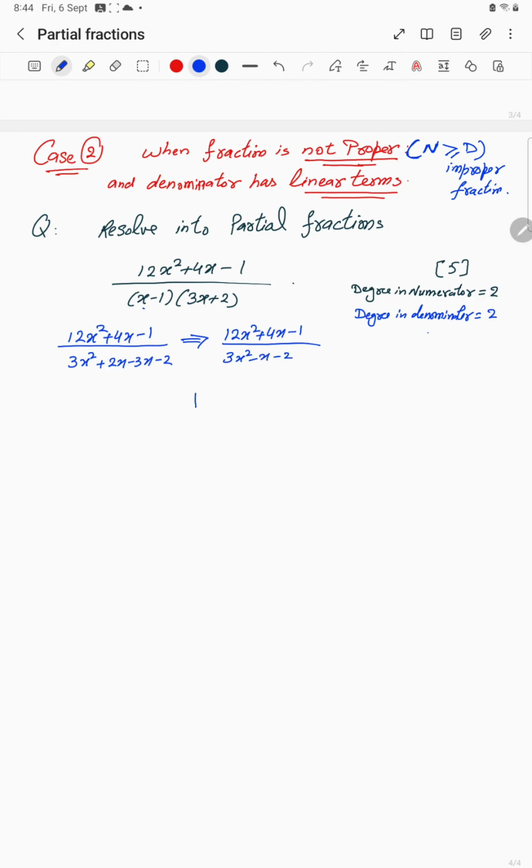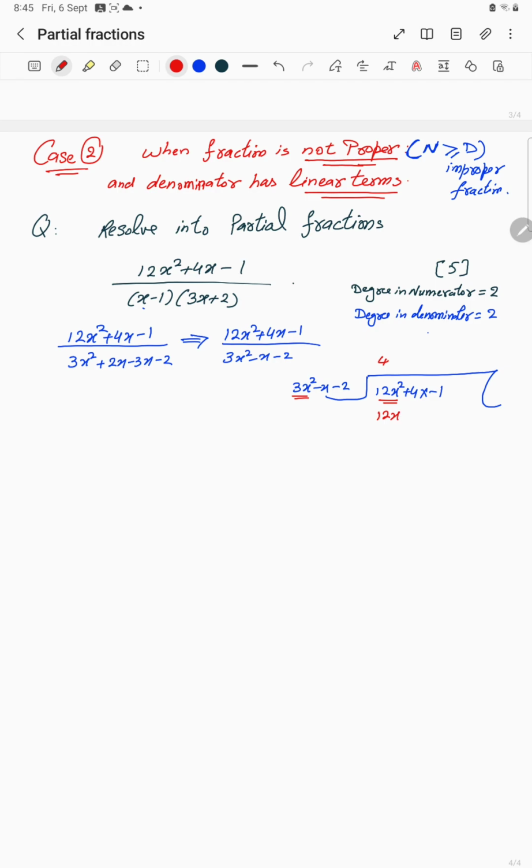right? Now with the traditional division method, we can take this on the side. Here we will divide it: numerator 12x square plus 4x minus 1. This is a kind of long division, and we have already done this in past videos, the concept has been discussed. If you are not sure about this division, go through those videos on long division of polynomials. Here the rule is that 12x square should be cancelled with 3x square, so that will be 4.